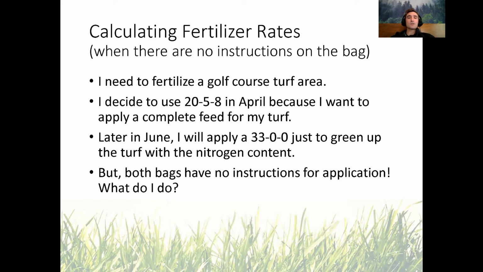I decide to use a 25-8 in April because I want to apply a complete feed to my turf. Later in June, I will apply a 33-0-0 just to green up the turf with the nitrogen content. But both bags have no instructions for the application. What do I do?